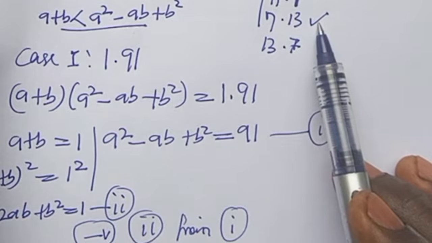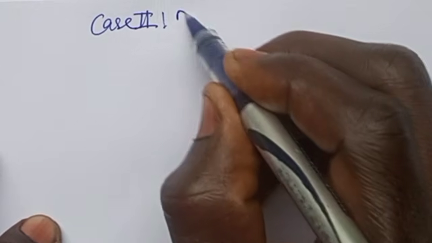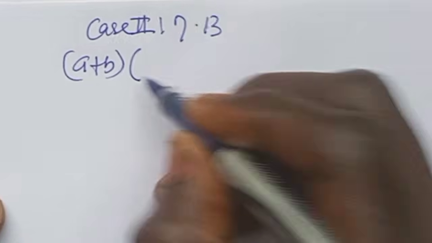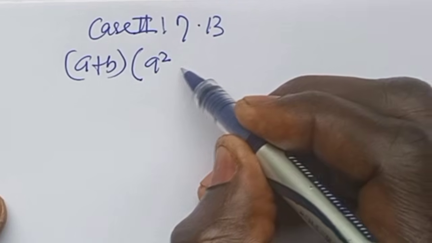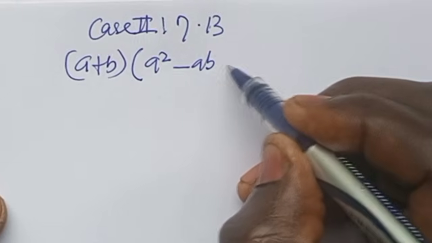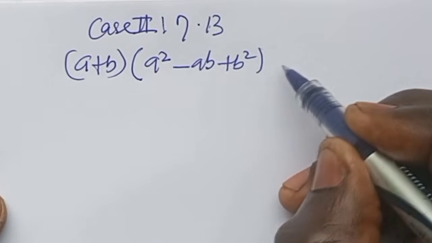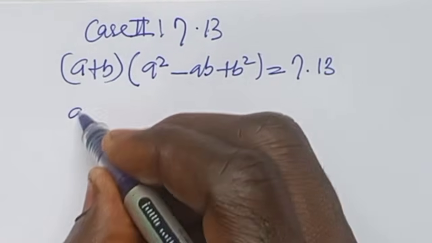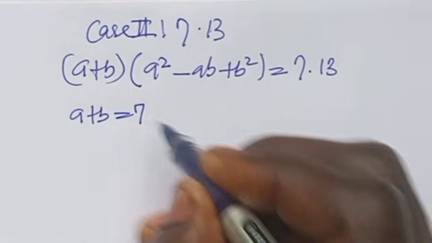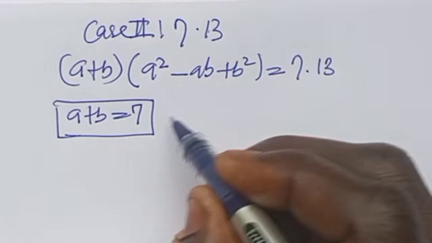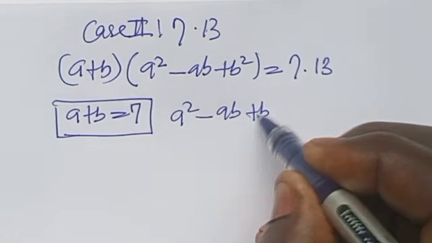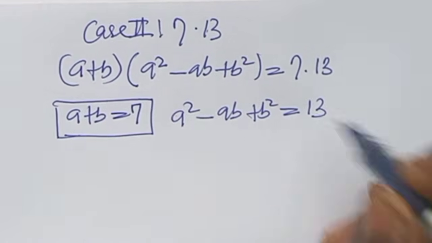For case 2, 7 times 13, a plus b times a squared minus ab plus b squared will be equal to 7 times 13. So that a plus b will be equal to 7, and a squared minus ab plus b squared will be equal to 13.